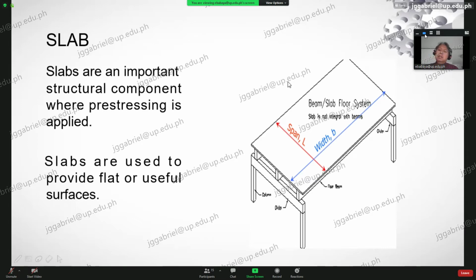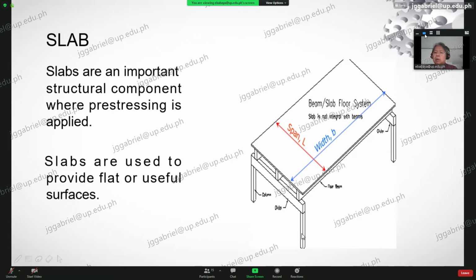Okay, so that if you have a load here, that is transferred to the beams that are supporting the slab, and then from these beams, they are transferred again to another beam in here, or you call it girder. And then this girder transfers the load to the columns.